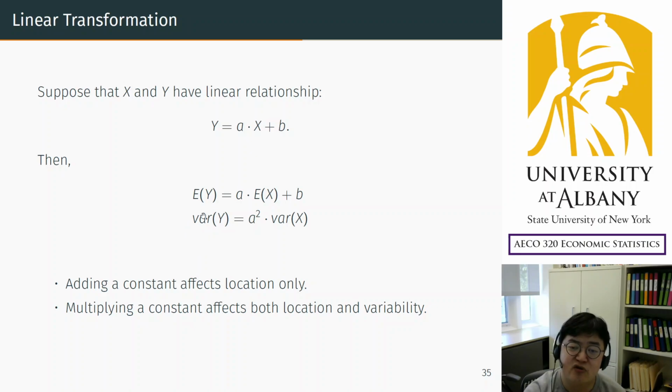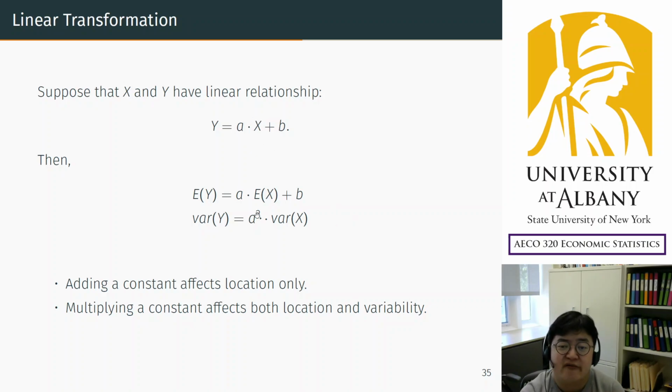But variance does not have that property. The variance of the new random variable is not affected by the addition. The addition just disappears, and the intuition is that the distance does not change when you shift everything in the same direction by the same amount, right?